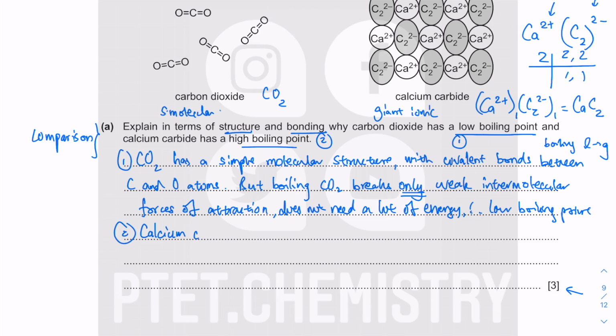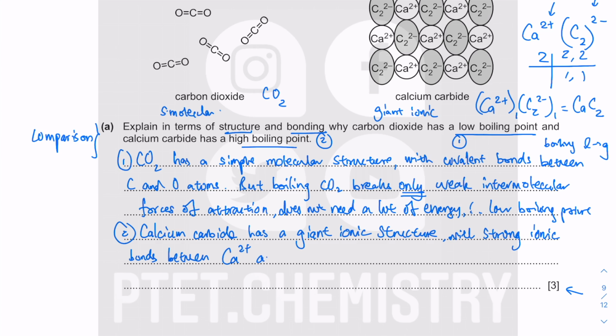Now onto the second bit, which is to do with calcium carbide. So calcium carbide, as you could see in the diagram above, definitely has a giant ionic structure. Okay, so giant is essential, ionic is essential, with strong ionic bonds. But ionic bond is between the oppositely charged ions, so specified in the context of the example, which is Ca2+ and the C2 2- ions. They are both oppositely charged ions, and with strong ionic bonds between the ions, they need to be broken.